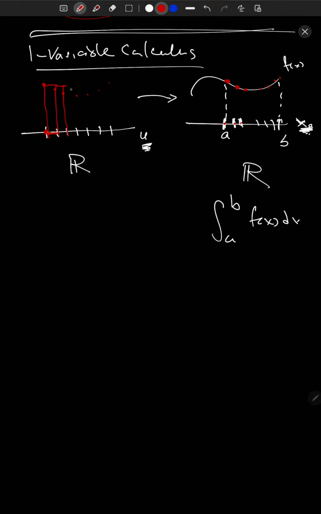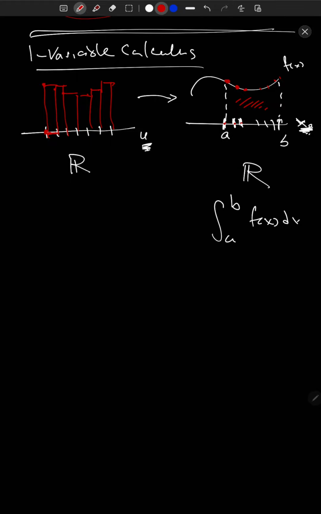Add this up, plus that, plus that, plus that, plus that. So this is a first try at calculating the area under the curve on the right-hand side of the picture using the left-hand side of the picture, because maybe the right-hand side of the picture is just too hard.